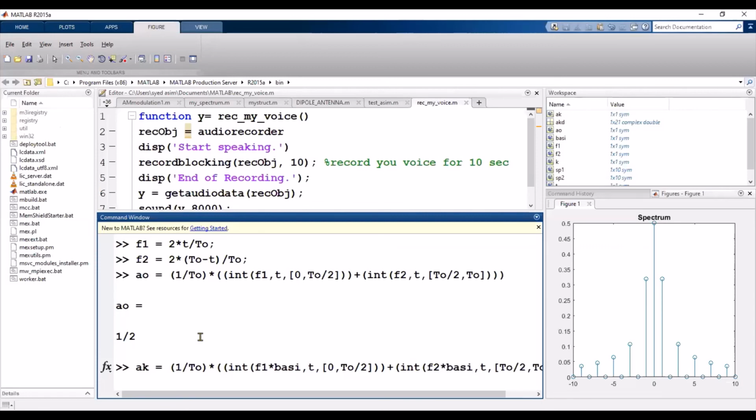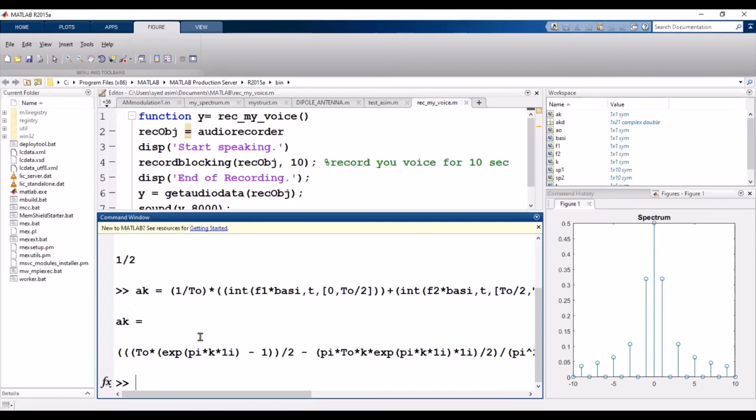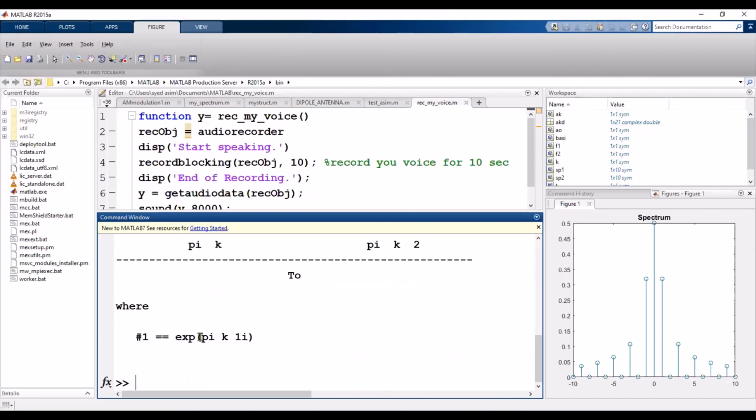Just simply change the value and press the enter key. Here we have the complex amplitude after integrating, AK. Again we have this function.